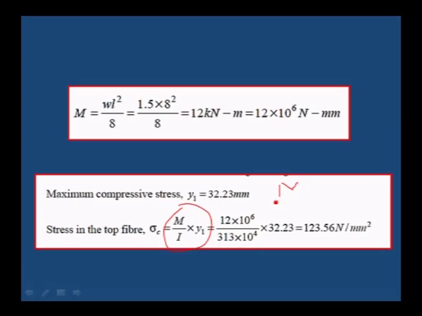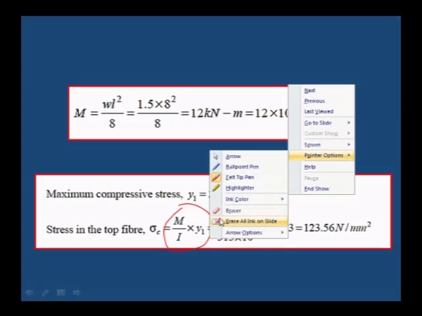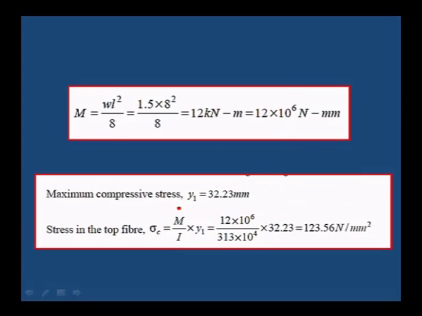M by I is equal to F by y, that is sigma by y. The bending equation is sigma equals M by I into y1, where M we know is 12 into 10 to the power 6, and the I value is 313 into 10 to the power 4.